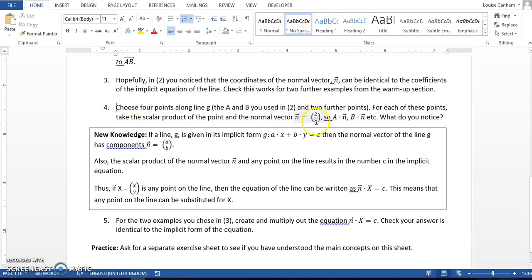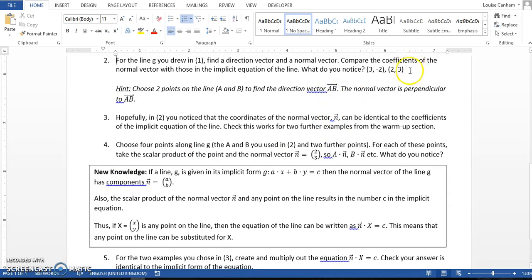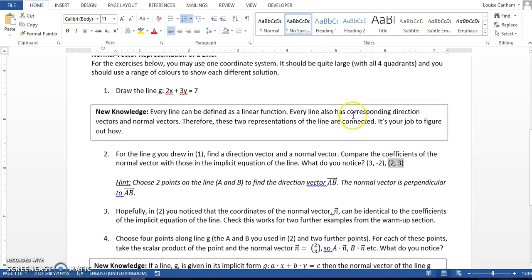So if we had 2, 3 like we found up here, and you choose a point on the line G, then one point on the line would be 2, 1. 2 times 2 is 4, plus 3 times 1 is 4 plus 3, which gives us 7, which is, as I've said, this constant here.